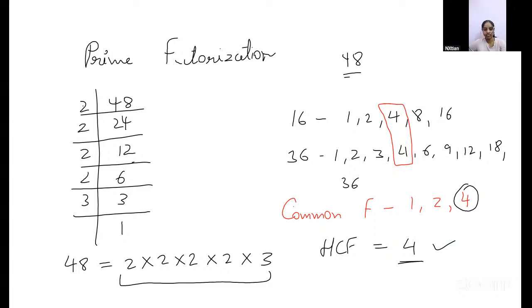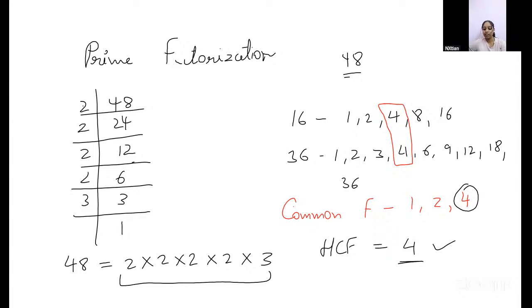Ma'am, I have this question. How do you calculate the factors after you've gotten 2 multiplied by 2 multiplied by 2 multiplied by 3? You said you'll teach us a method on how to calculate the factors.